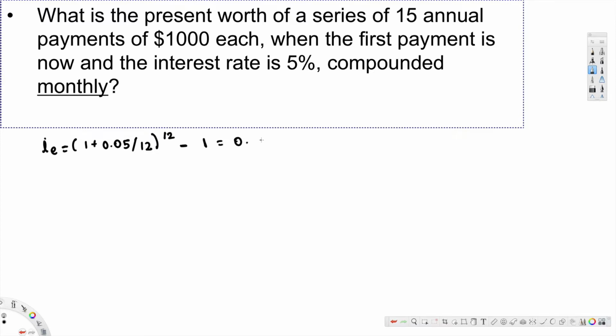This is the equation, and if you calculate this, you're going to get 0.05116.